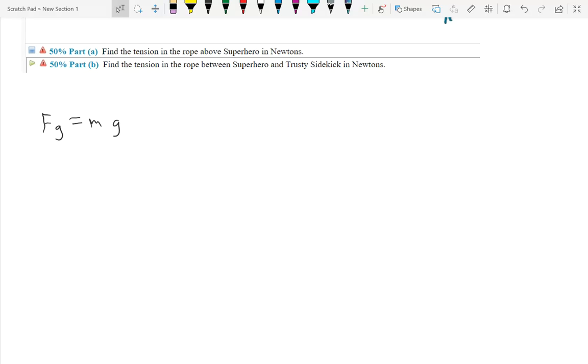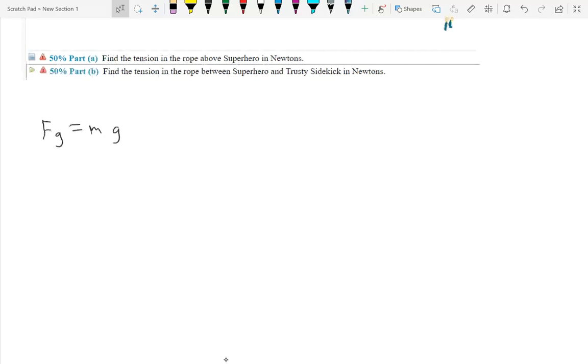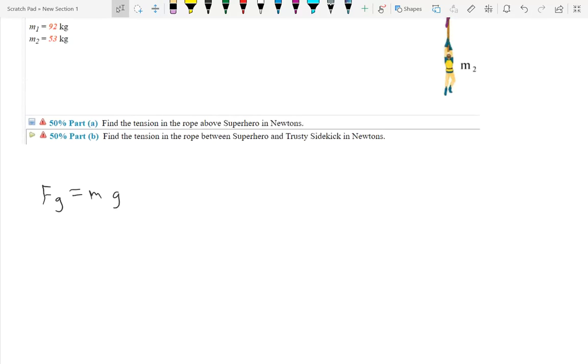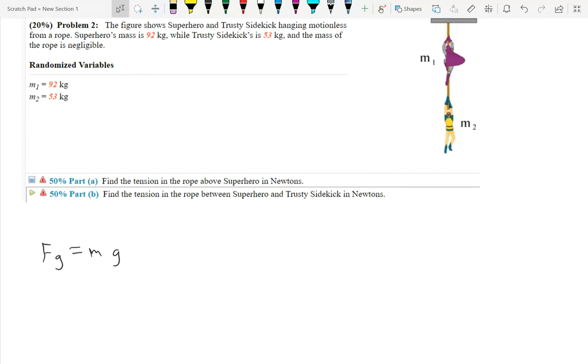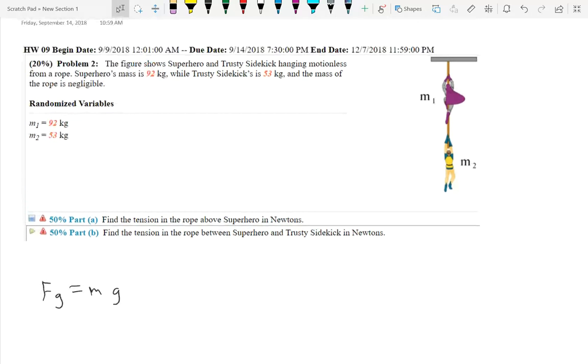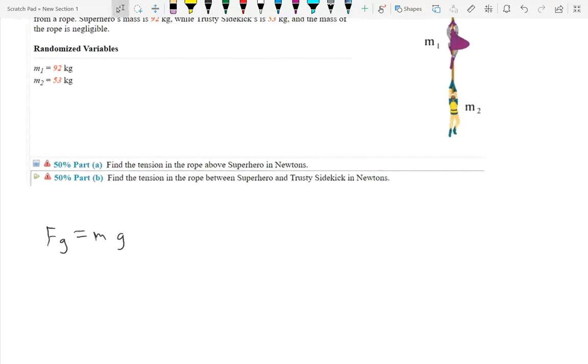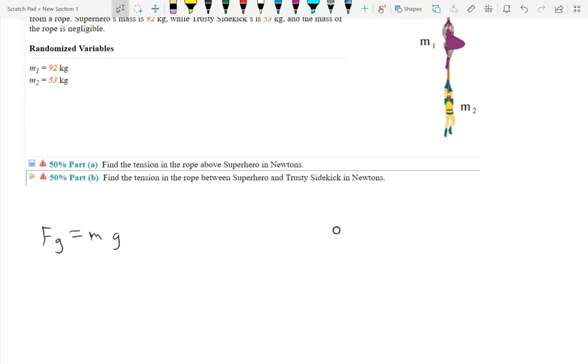It's equal to mass times gravity, which is the 92 plus 53. So right now we're trying to find the force of the two people combined. So we're going to add the masses of the two people, which is 92 plus 53. And then multiply that by the acceleration of gravity.